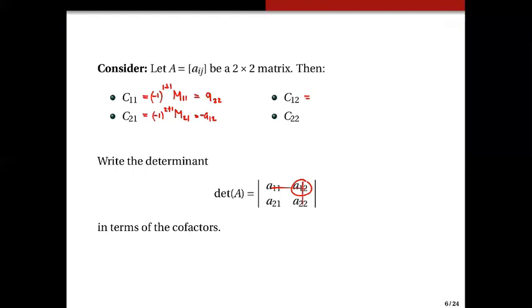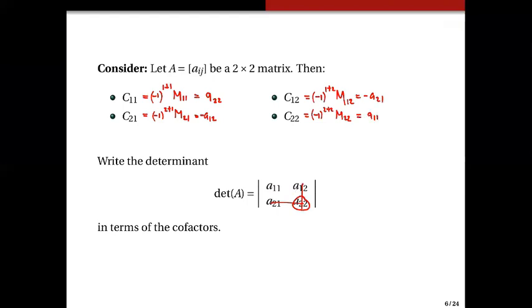But this is equal to negative 1 raised to 1 plus 2 times M12, and therefore we get negative A21. For C22, we have negative 1 raised to 2 plus 2 times M22. For this one, we delete this column and this row, and we will only get A11.